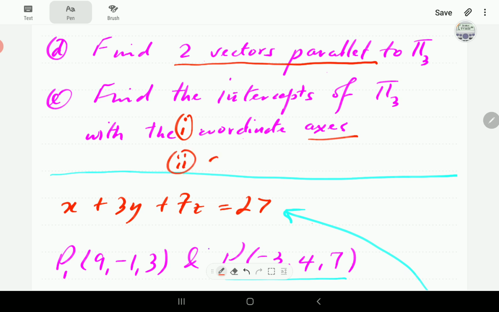Part 2, we'll do the coordinate planes, because in 3D space you've got coordinate axes and coordinate planes. The axes are lines, and the coordinate planes are planes. Okay, so we'll do that in the next video.